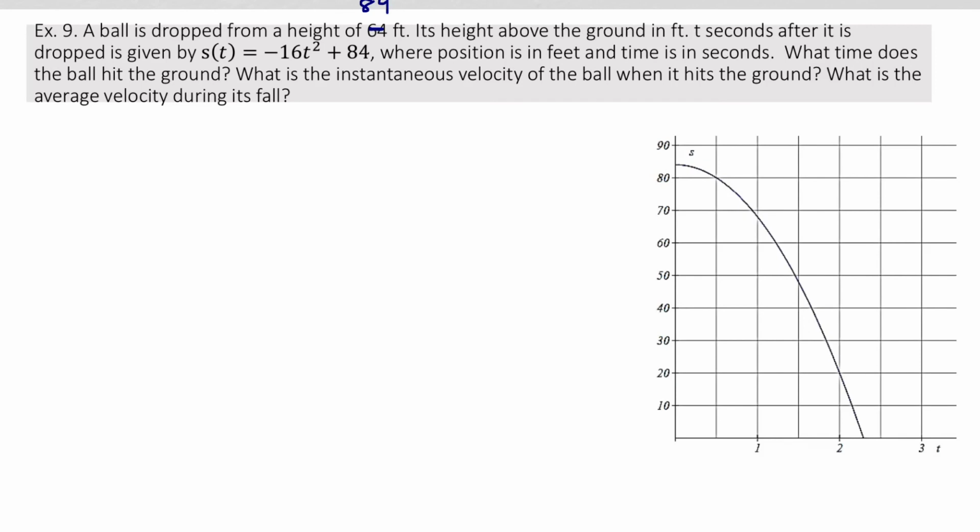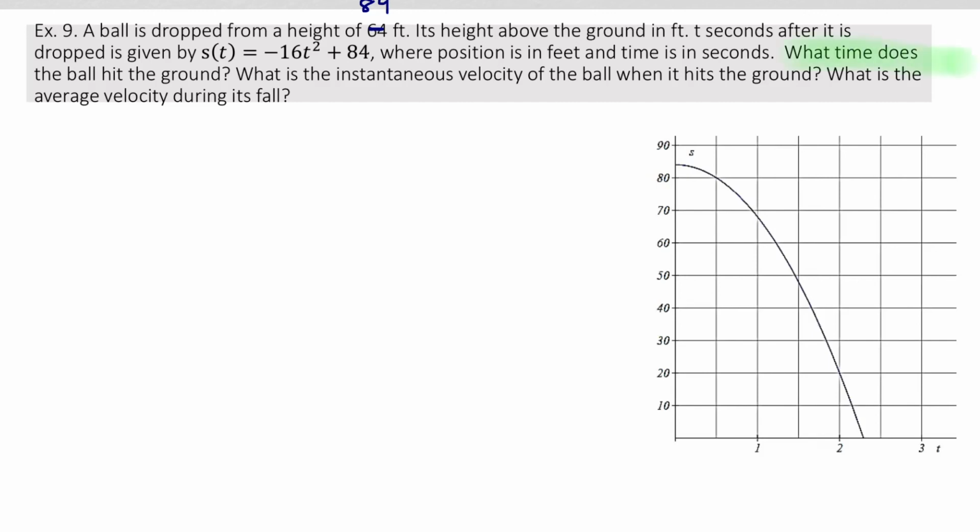So its position above the ground is given in feet, where here's your position axis, and here's your time axis, time in seconds, position in feet. And this is the shape of the curve. It's a parabolic curve, upside down, quadratic. The questions are, let's highlight them.